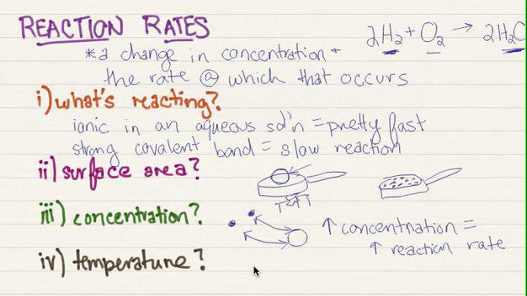Your particles are moving more quickly, right? Particles moving more quickly means, you guessed it, they have a greater likelihood of running into each other, right? So greater temperature means particles moving faster, which, you guessed it, means in general a higher reaction rate.